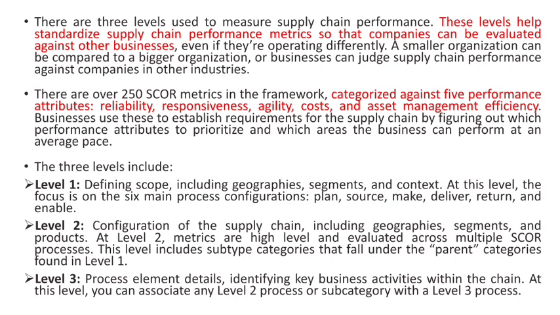These levels help to standardize the supply chain performance metrics so that companies can be evaluated against other businesses. There are over 250 SCOR metrics. They are compared against 5 performance attributes. As we said earlier, reliability, responsiveness, agility, cost and asset management efficiencies.